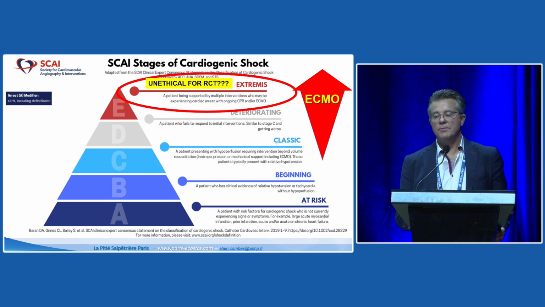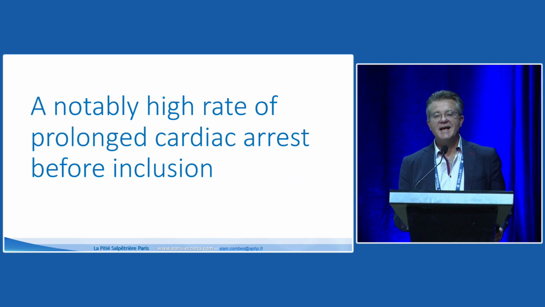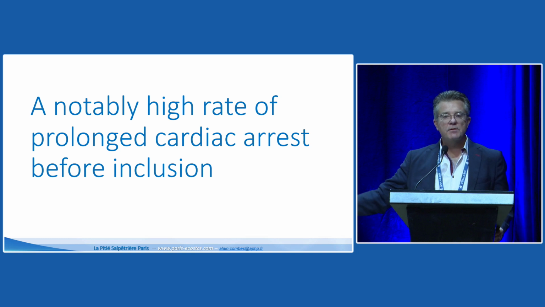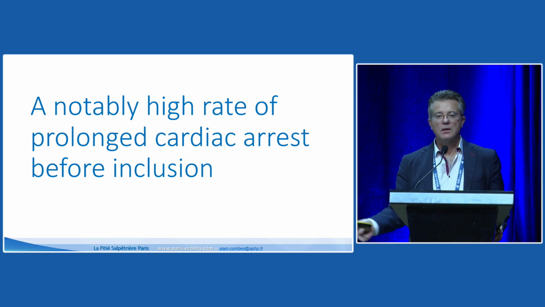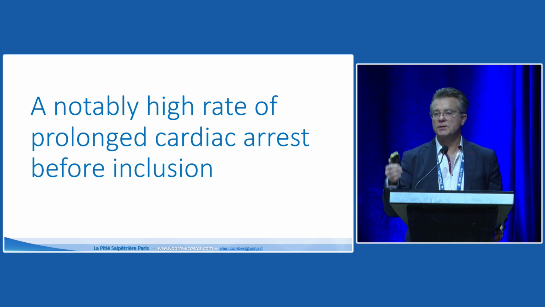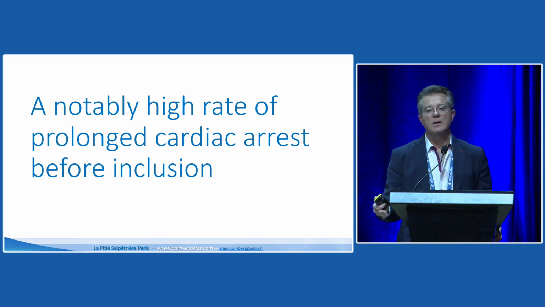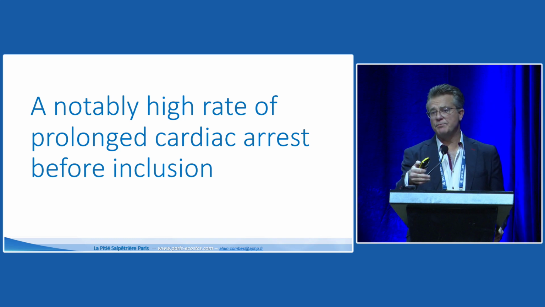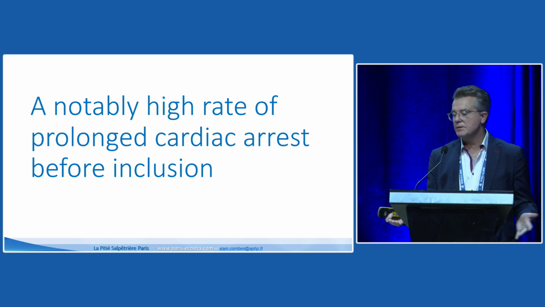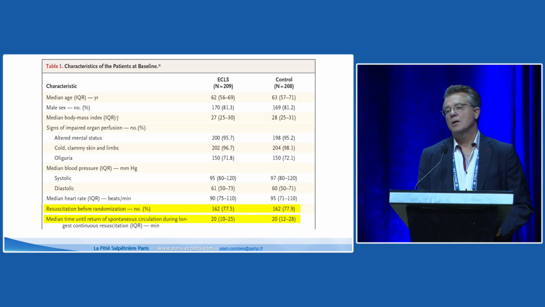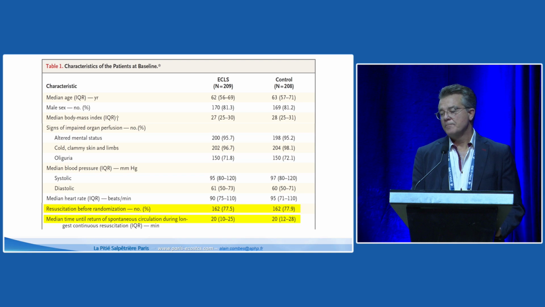But now, is it ethical to randomize a patient who is in class E? The patient is almost dying, lactate over 8, unconscious, very low cardiac output. If the protocol is well written, there's going to be a crossover possibility within minutes post-randomization. So is it really reasonable to use this kind of design?